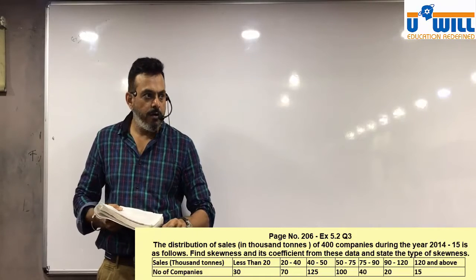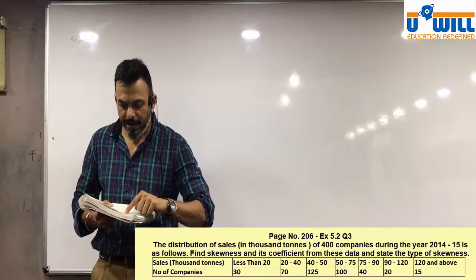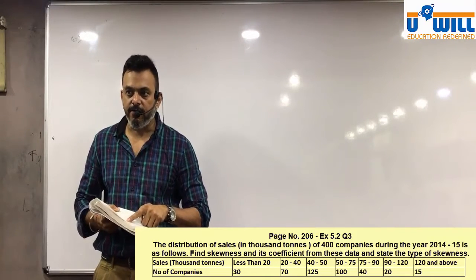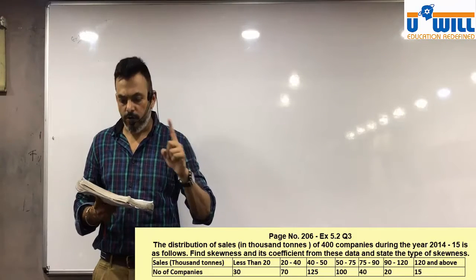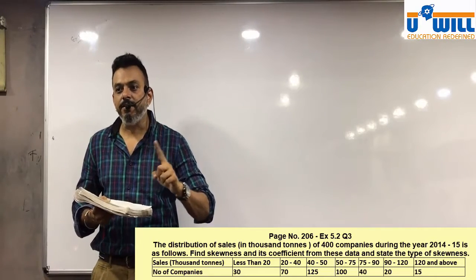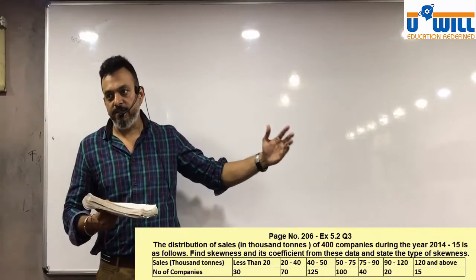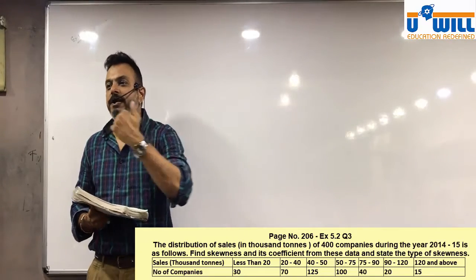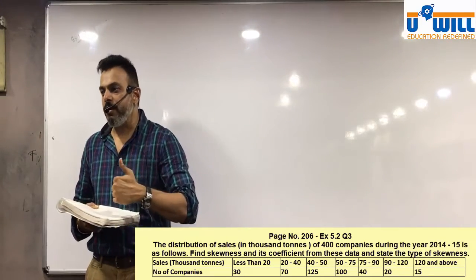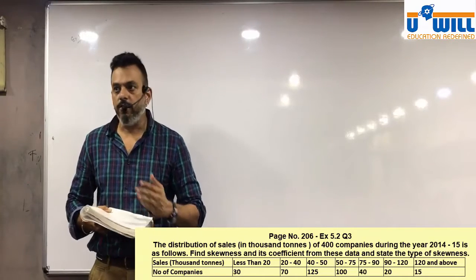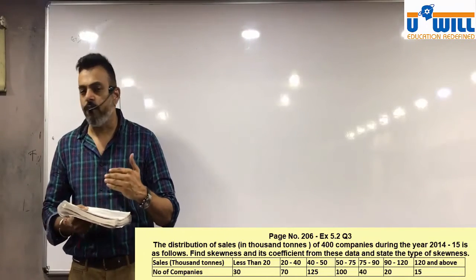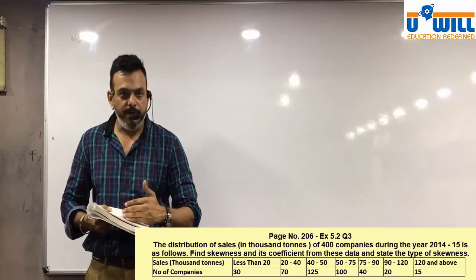Is this clear? If you want to find the mean, xi, how can you find it for less than 20? It is not given 0 to 20. It is given less than 20, so it can be 0, it can be some negative number. And 120 and above can be any number after 120. So here we cannot find the mid value, so we cannot use Karl Pearson.